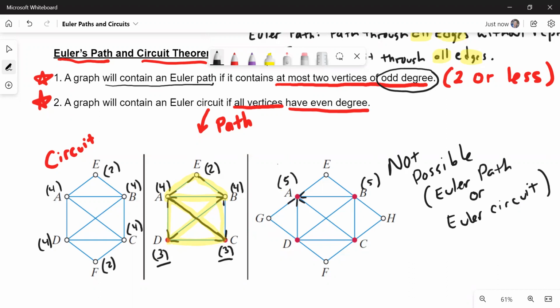And actually B has 5, C has 5, and D has 5. That's 4 different odd numbers. Well, it certainly won't have an Euler circuit because they have to all be even, right? And those are 4 odds. But the first theorem says it will only have an Euler path if it has at most 2 of odd degree, 2 or less. In this case, it has 4. That's why it's not possible, all right?